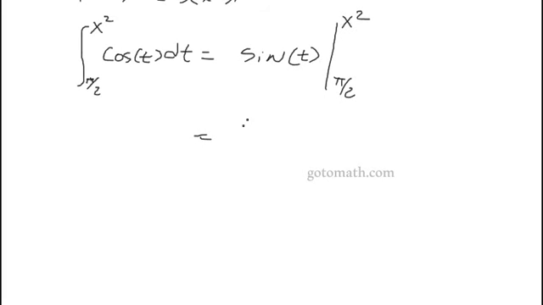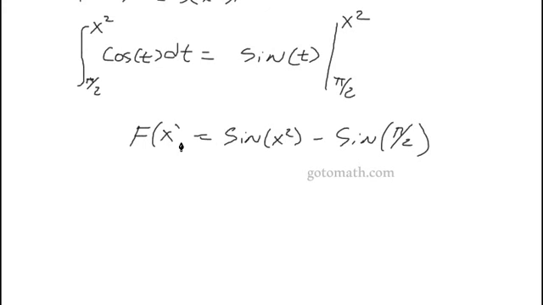So now what we're going to want to do is plug in our upper bound and lower bound: sine x squared minus sine pi halves. And remember, this is all equal to our f of x.